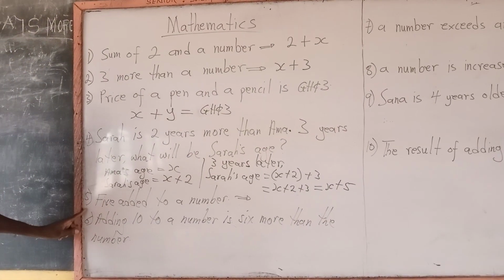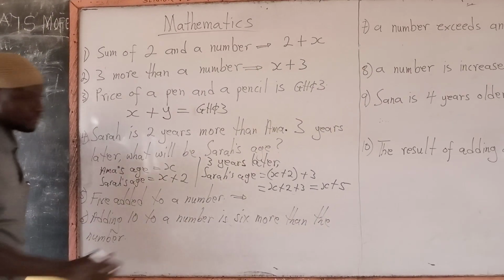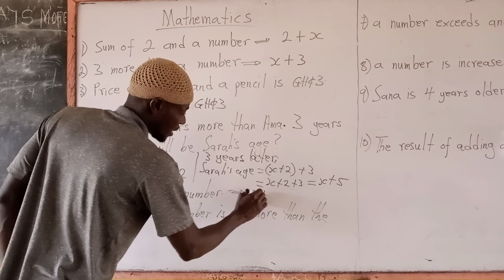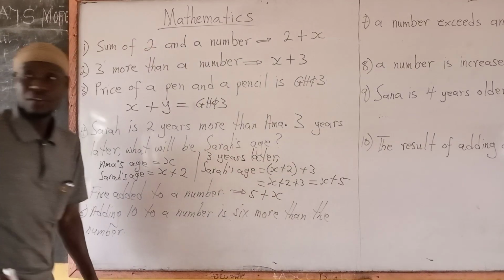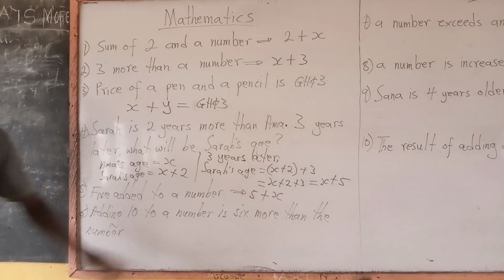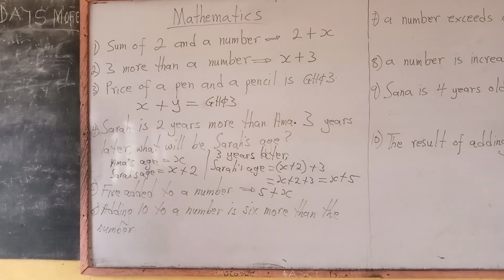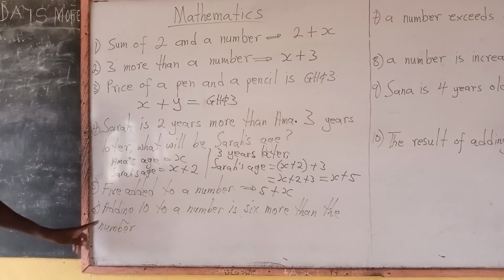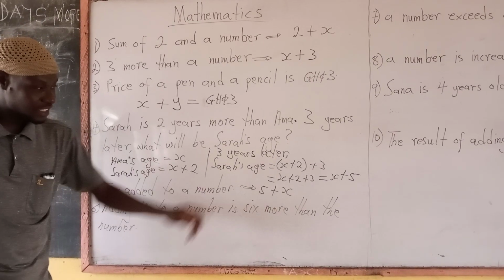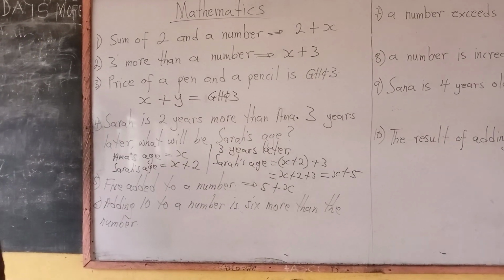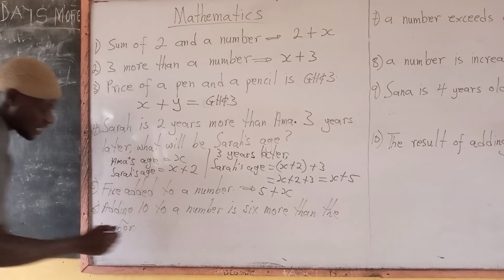The next one is: 5 added to a number. If we add 5 to a number, let the number be x. So 5 added to a number is x plus 5. Then the next: adding 10 to a number is 6 more than the number. Let the number be x.